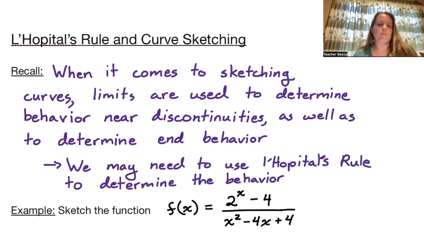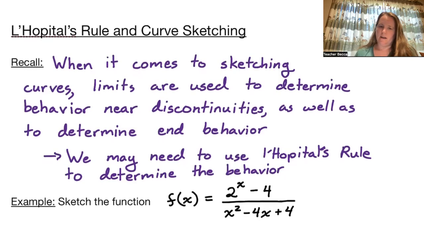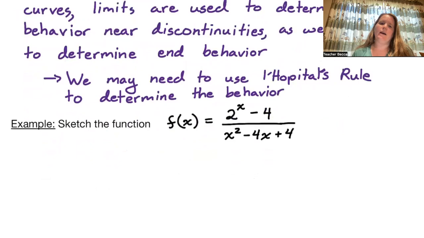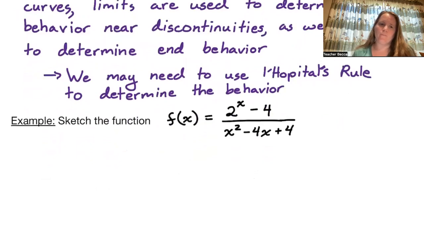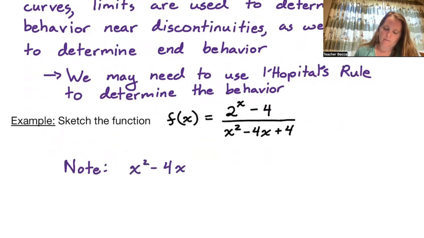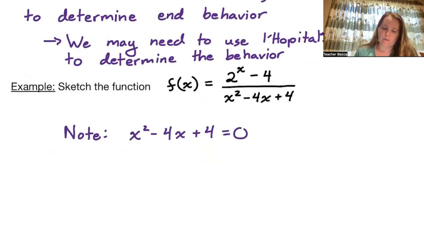So for example, let's consider the function f of x equals, in the numerator, 2 to the x minus 4, and in the denominator, x squared minus 4x plus 4. So first off, let's note that x squared minus 4x plus 4 is x minus 2 squared, so it equals 0 when x is equal to 2.